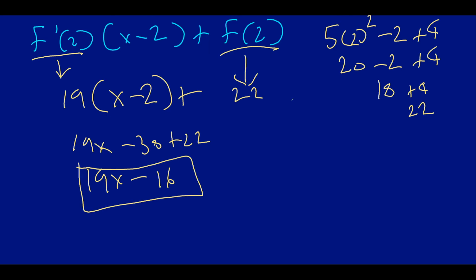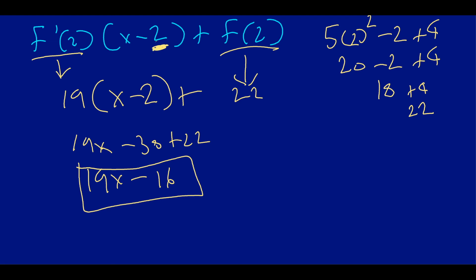And so on the next screen, once we got our value 19, our next goal was to put in this 19 because that is our slope, if you will, and to try to find our slope-intercept equation. And so we put in our 19 for f prime of 2, and we had our x minus 2. This 2 is where we want to find the actual line.